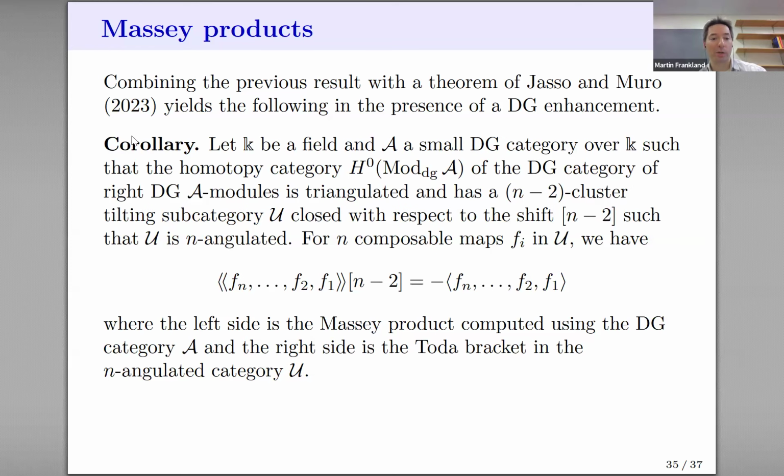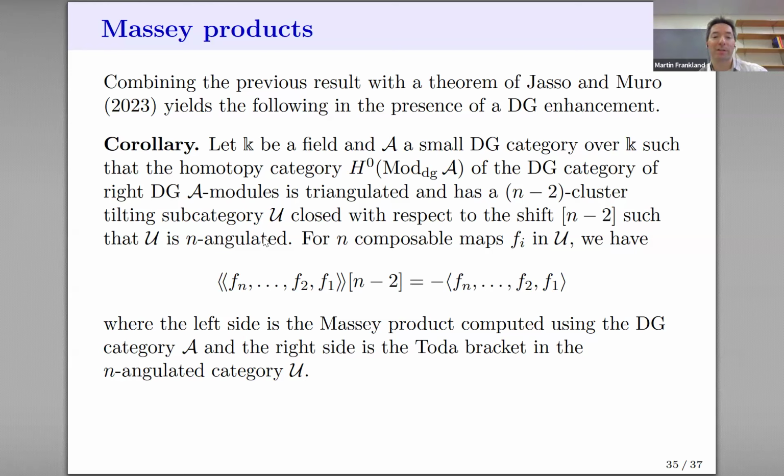If you want to compute some Massey product, it's a mouthful, but it's just saying what DG enhancement means in this case. It means that you've got this DG category A in the background, such that the homotopy category of A-modules has this ambient triangulation, and sitting inside it, you've got a cluster tilting subcategory.